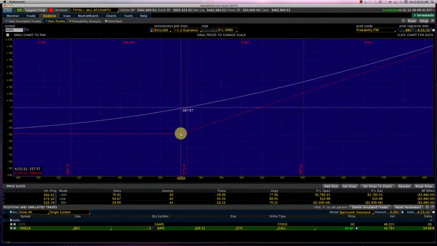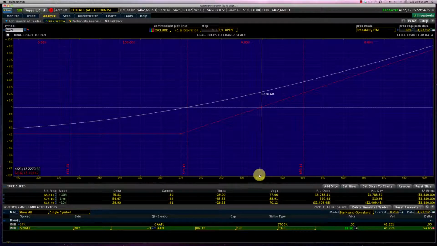Similarly, if you recall, we paid $38.80 here, our strike price of 570, which was at the money. And so our break-even price is going to be this 570 plus this $38.80. So that's exactly what we see over here.